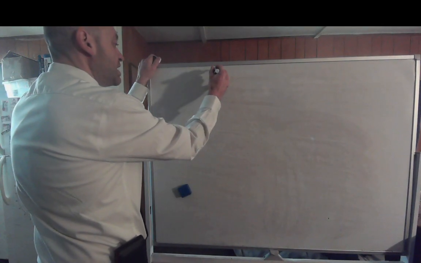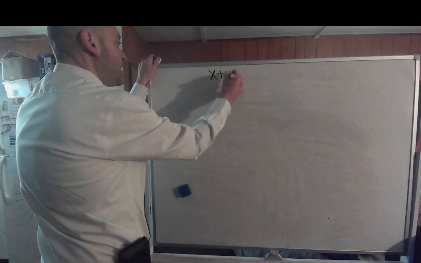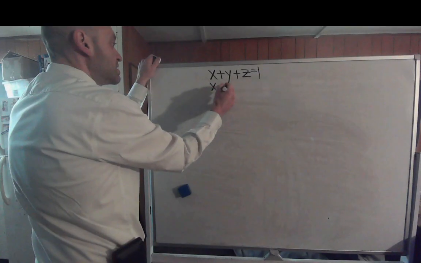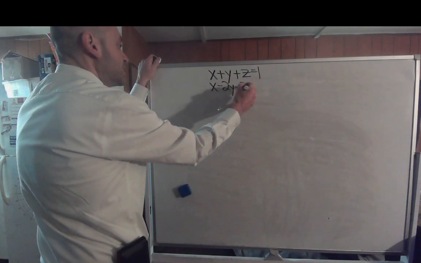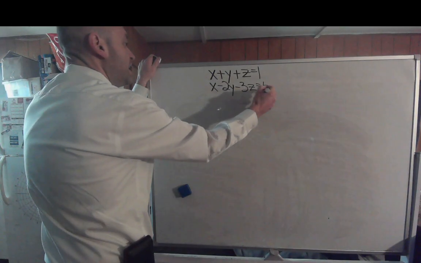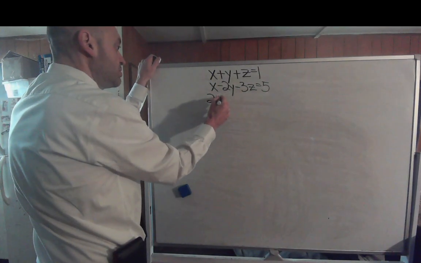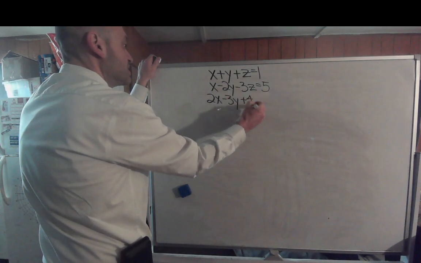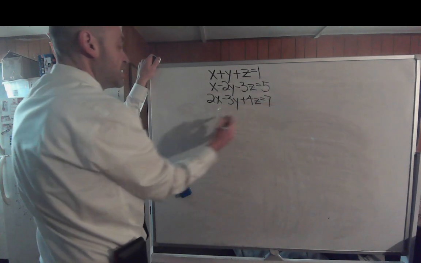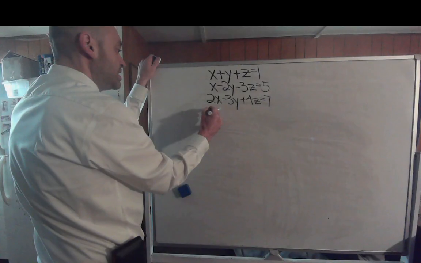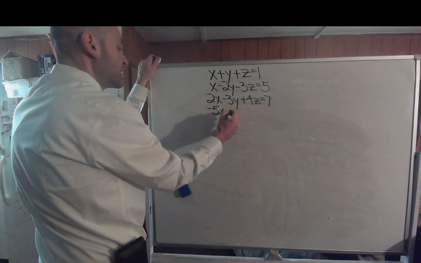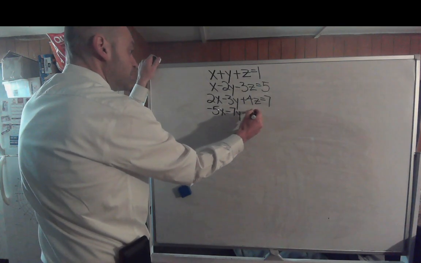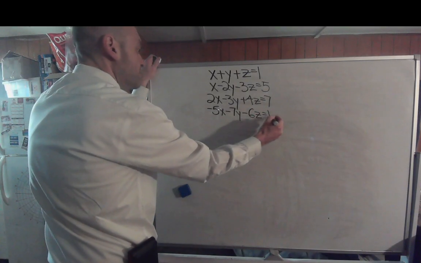Let's say you have x plus y plus z equals 1, x minus 2y minus 3z equals 5, 2x minus 3y plus 4z equals 7, and negative 5x minus 7y minus 6z equals 11.